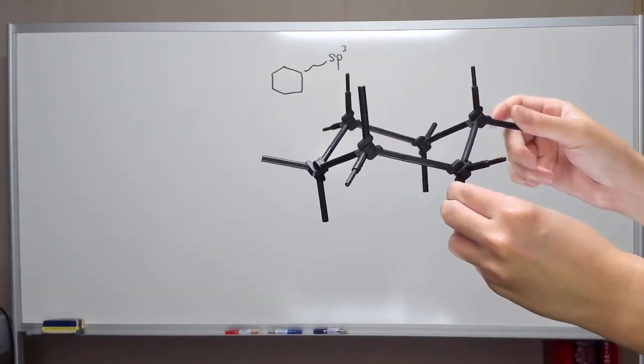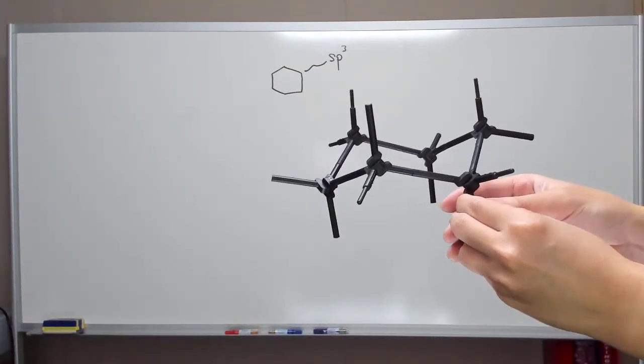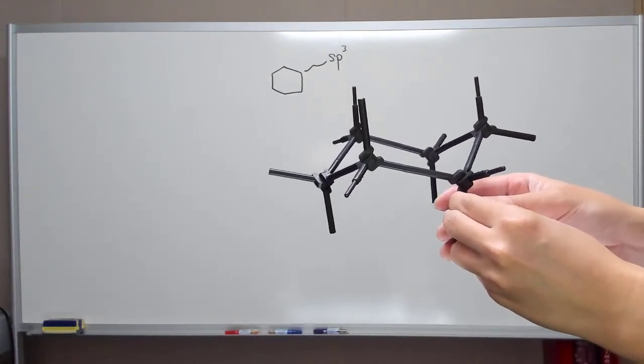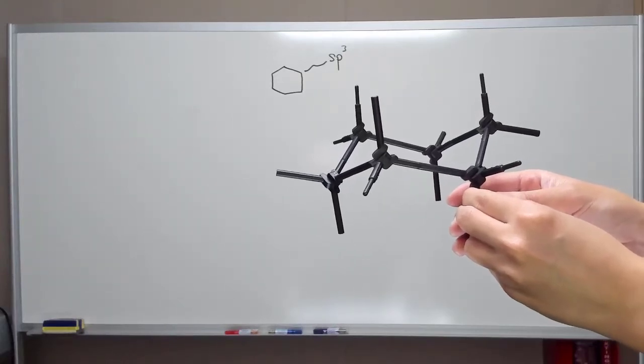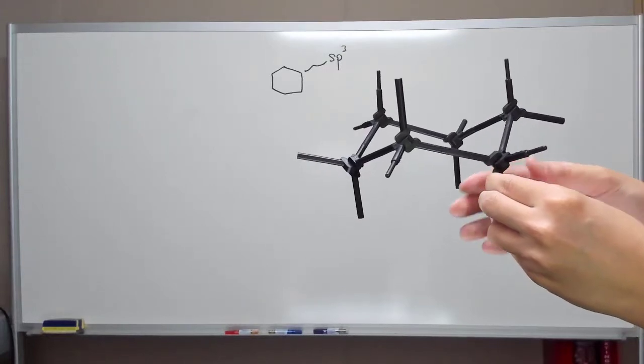Let me just hold it still for a few seconds. Try to draw this on a piece of paper right in front of you. After you have done it, you can compare to the structure which I'm going to draw on the whiteboard. Right now I'm just going to move over there so as to draw the structure.